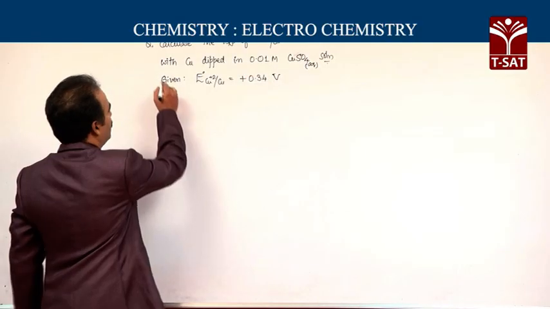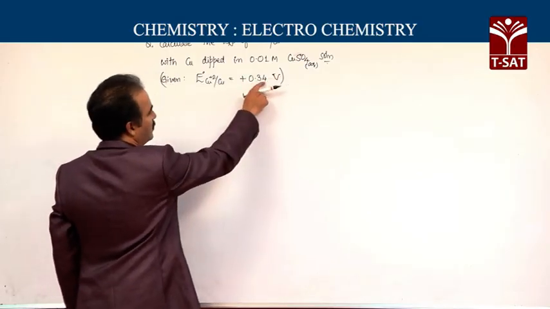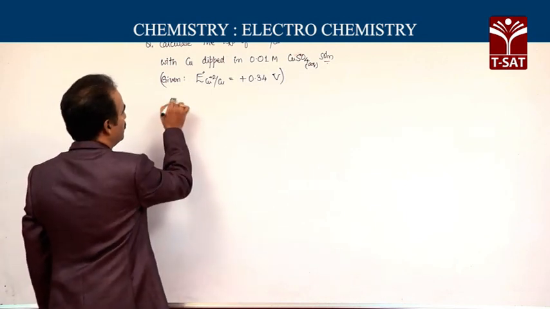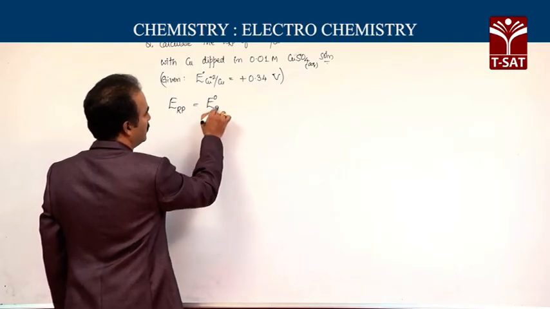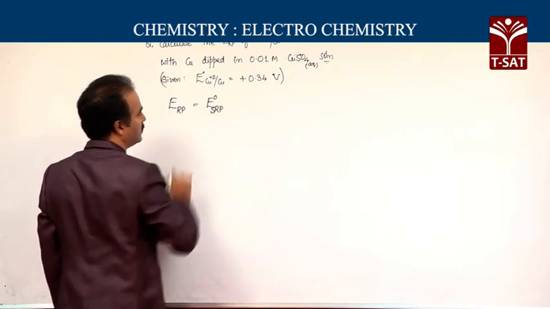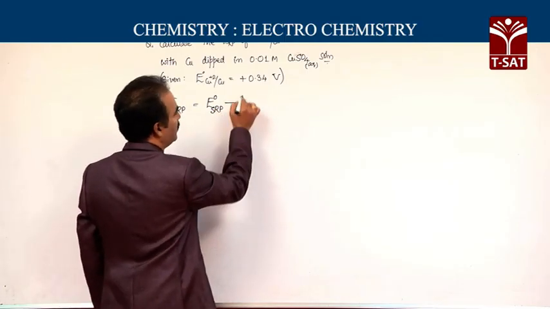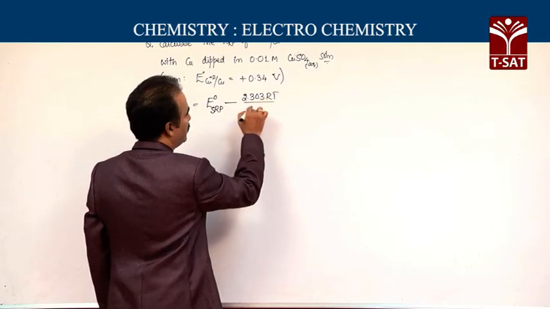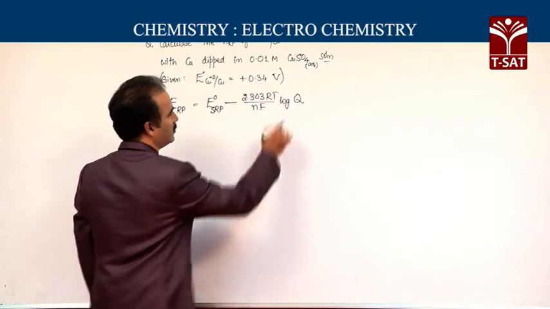We are given that the standard reduction potential of copper electrode is plus 0.34 volts. According to the Nernst equation, the reduction potential of any electrode is related to its standard reduction potential as E naught SRP minus 2.303 RT by nF into log Q to the base 10.